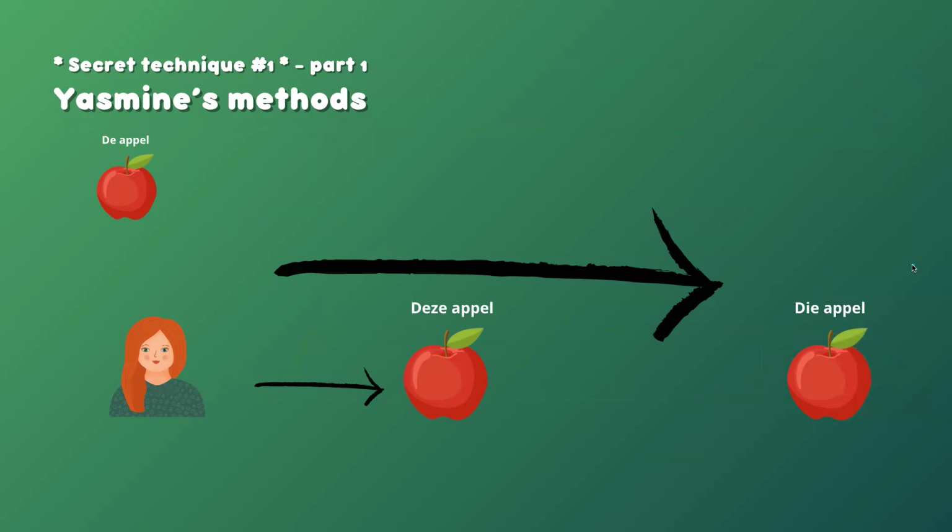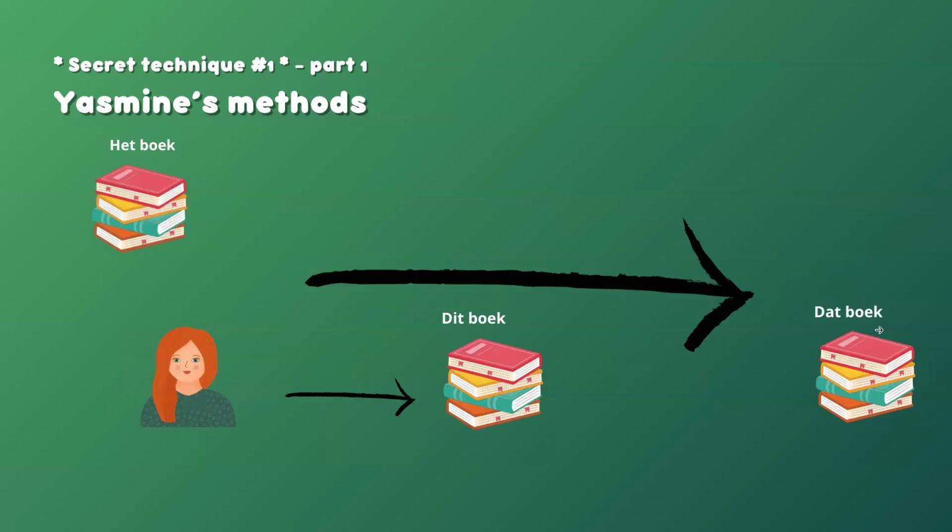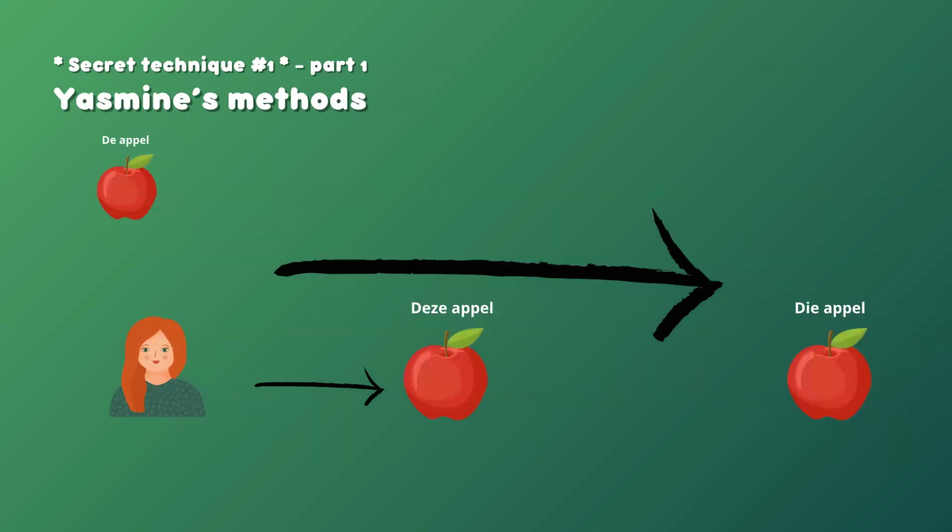And then, if you're going to have a look at het boek, if you put the book closer to you, it's going to be dit boek. And if it's going to be further away from you, it is dat boek. So once again, with de words, it's gonna be deze appel, die appel.